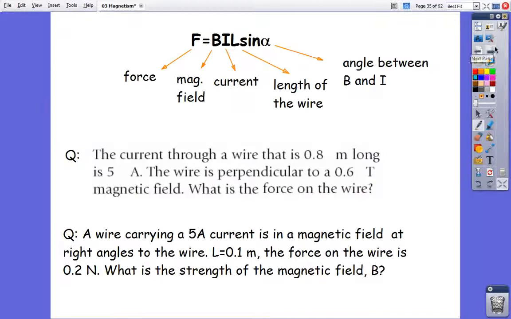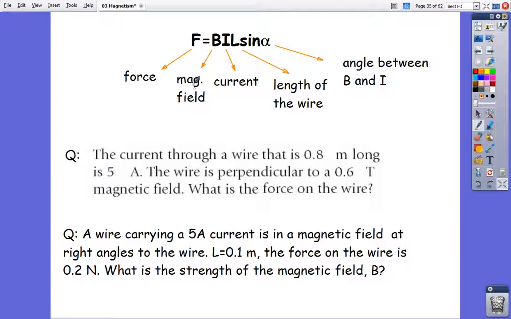In the next slide, we are going to determine what the force depends on. The force on the wire will be affected by 3 quantities.